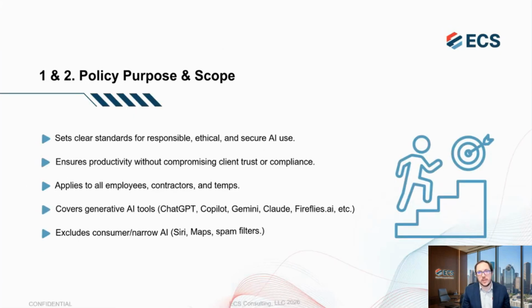So the first section is policy purpose and scope. Here is where you define who this policy applies to. Does it apply to everybody in your company? Does it apply to specific individuals? Do you want everybody to use AI? How are they going to be using AI within your organization?